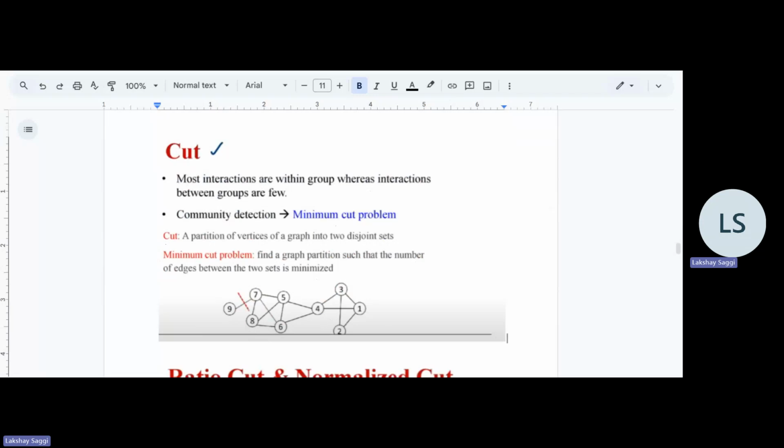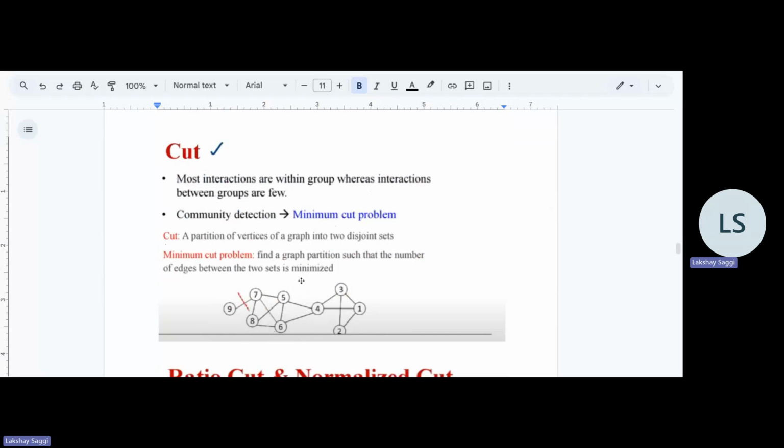But note that there is again a bit of a problem here. As you can see in this network, suppose we are starting with dividing the graph into maybe two communities, then the minimum size cut actually is from vertex 9 to 7. So the two communities formed, if we just use the minimum cut, will be: vertex 9 forms one community, and all the other vertices form another community, which is maybe not really a good community breakdown, at least for this graph.